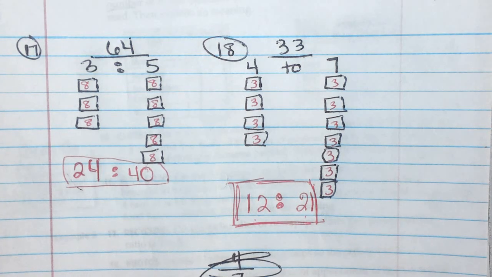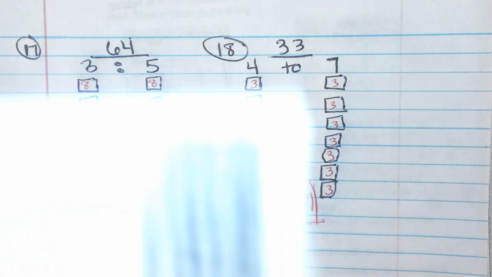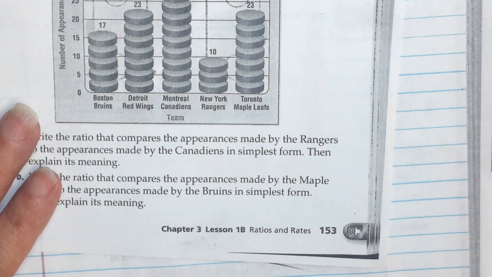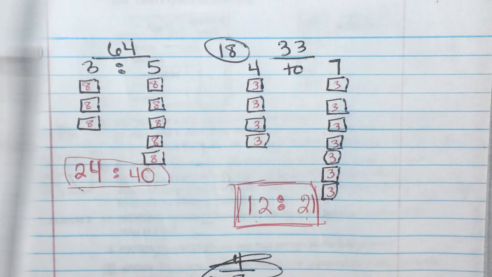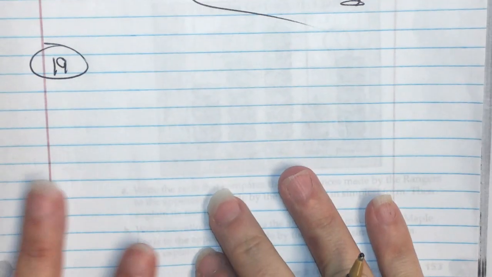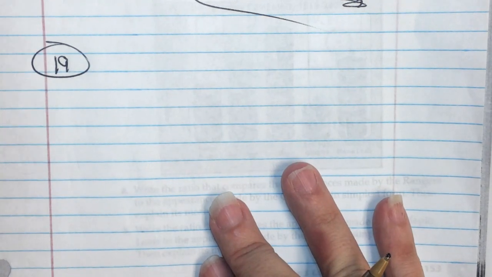I think there's one more. Okay. Yeah, and 19's not too bad. It is this graph thing with the Stanley Cup Finals. It's with the hockey teams.